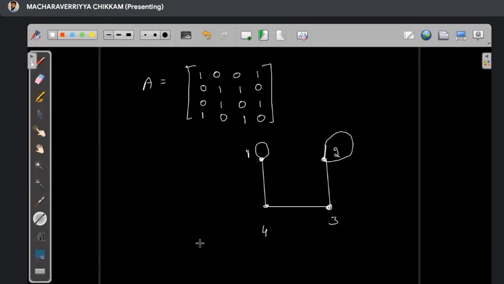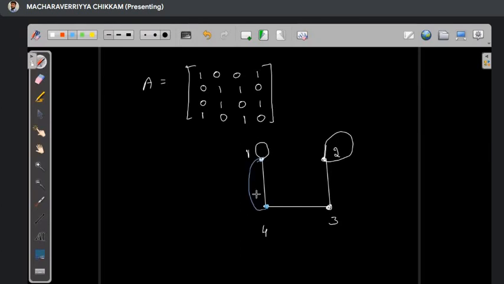Okay. But if you have a multi-graph, then the entries of the adjacency matrix are no longer 0 and 1. Because if you have a multi-graph, then what happens? You may have more than one edge between 2 vertices. For example, here between 1 and 4, let's assume that there is one more edge like this.